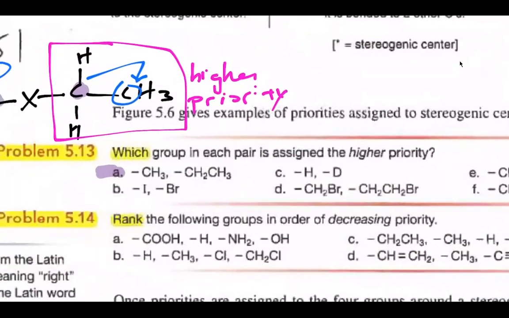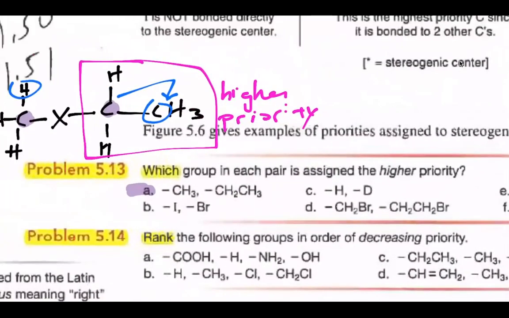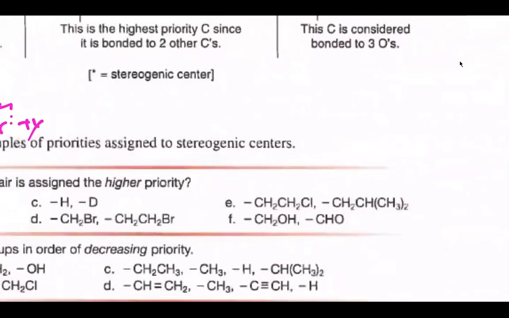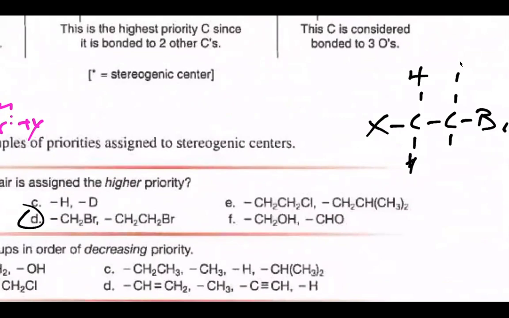Let's do D. I'm going to rewrite it over here, and then we'll stop. So we're looking at this one right here. You have C, CH2, CH2Br, and then on the other side it's just CH2Br. You following?